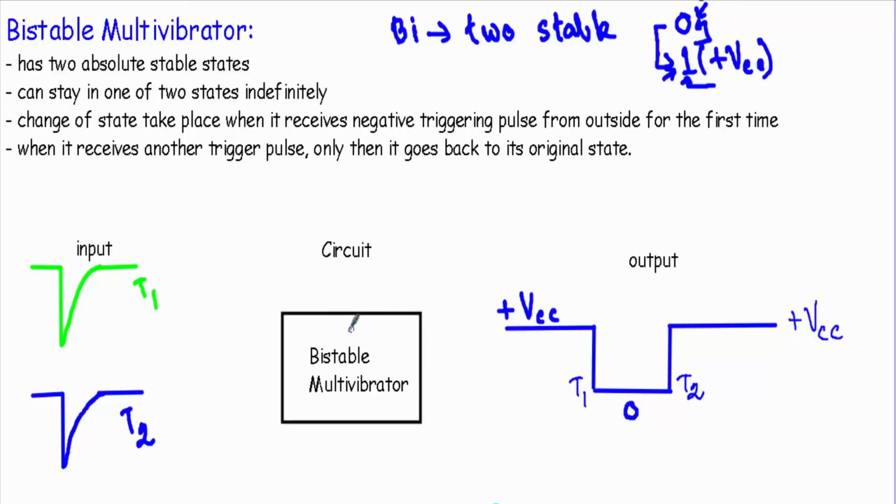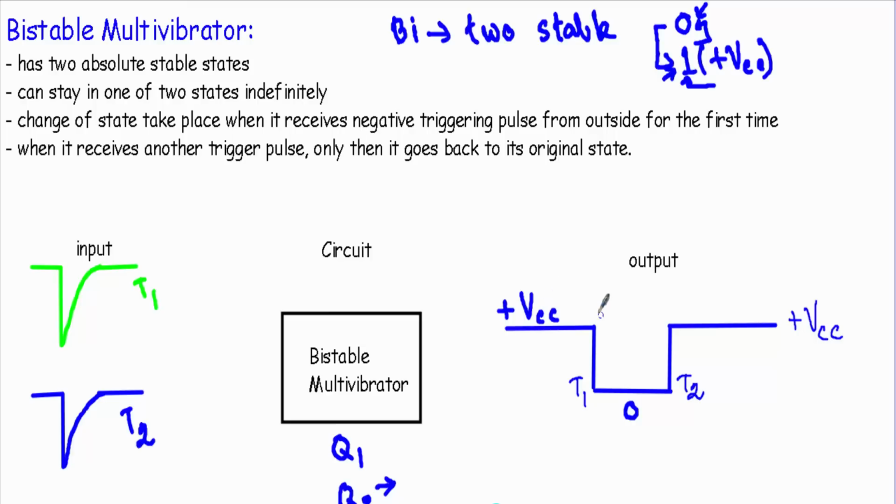Let's say I have a bistable multivibrator here, and a bistable multivibrator will use two identical transistors Q1 and Q2. In my circuit configuration, I will take the output across the collector and emitter terminal of the transistor Q2, and you will see that initially, before application of the triggering pulse T1, our output voltage will be equal to plus VCC, as this bistable multivibrator has two stable states.